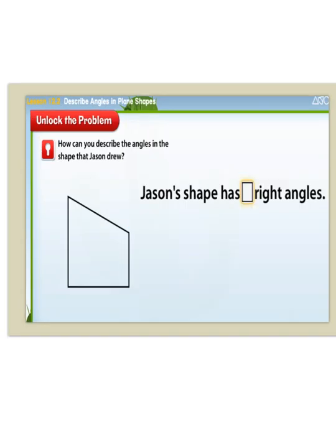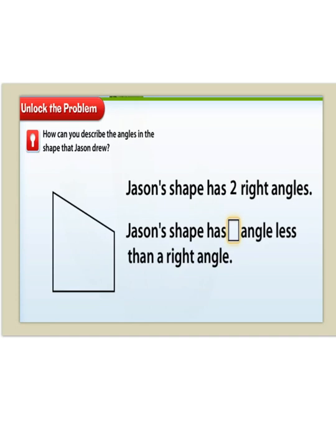I can tell that Jason's shape has 2 right angles, right here and also right here. Now, I wonder if Jason's shape has any angles that are less than a right angle.